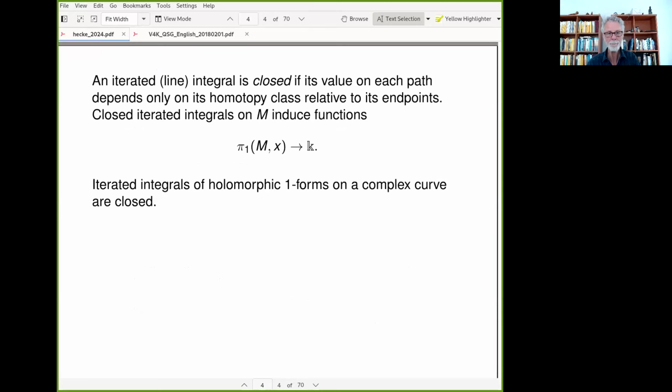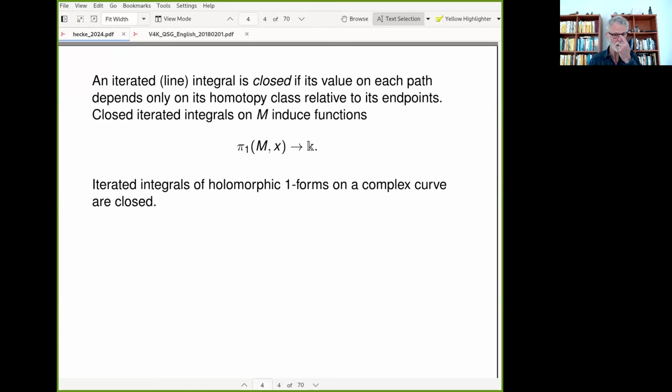We'll call an iterated integral closed, or also we could call it a homotopy functional, if its value on a path depends only on the homotopy class of the path relative to its endpoints. That means you can deform the path, but you have to leave the beginning and the endpoint fixed. Closed iterated integrals give you a map, for example, from pi1 into whatever K is.